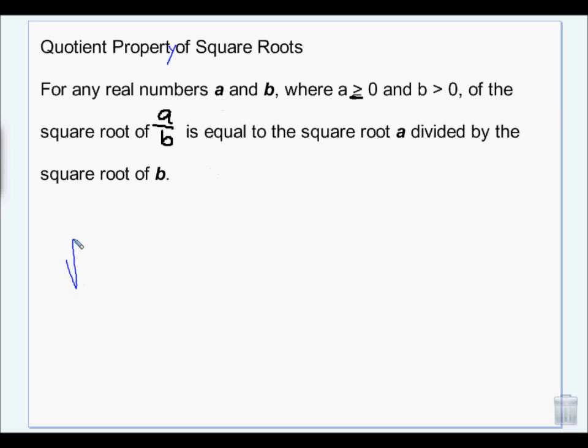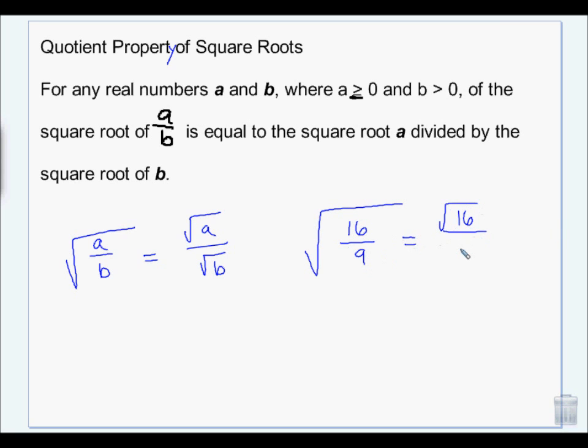So if I take the square root of a over b, that's the same thing as the square root of a over the square root of b. And so if we use a real world example, we take the square root of 16 over the square root of 9, that's going to give us 4/3.